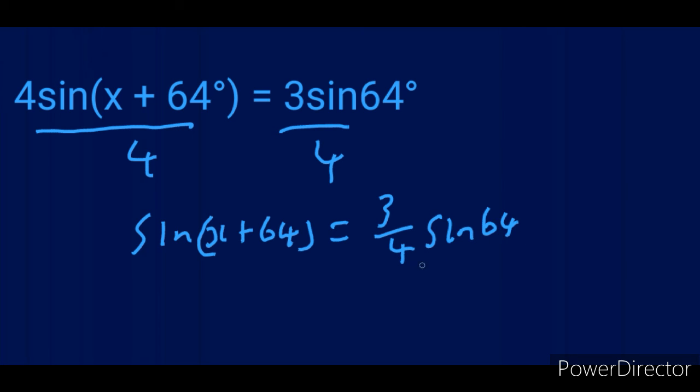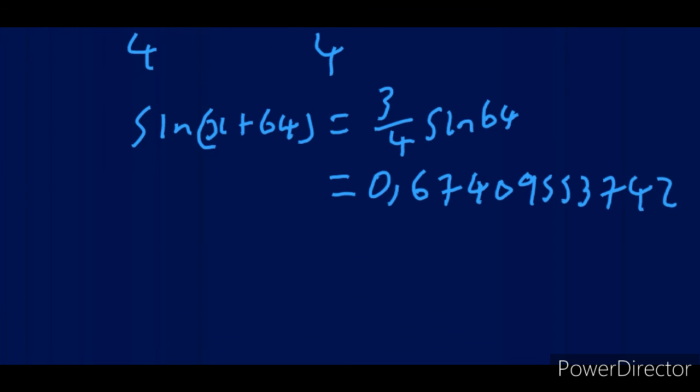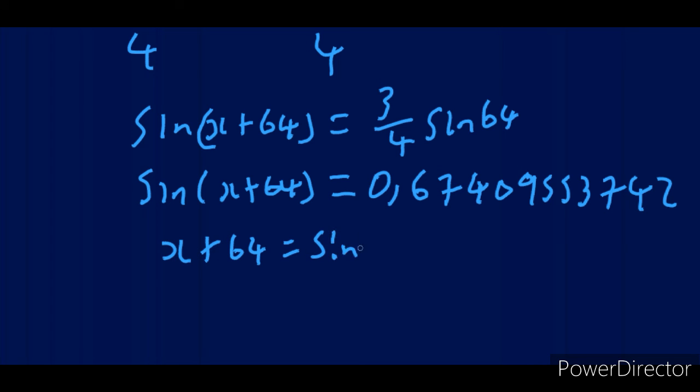So let's figure out what this is in the calculator. Alright, so this is what we're going to have in the calculator. So we're going to have sine(x plus 64) is equal to this stuff. And then now we have to make x plus 64 the subject of the formula. So in order to do that, we're going to use inverse sine.